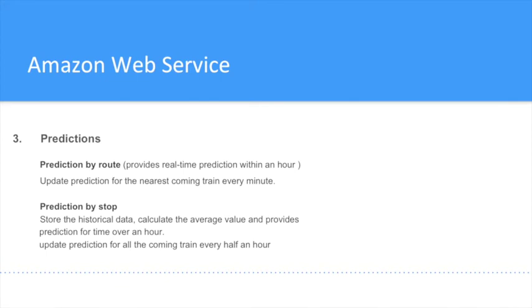Prediction by route provides real-time prediction within an hour, and we update the prediction for the nearest coming train every minute. And prediction by stop stores the historical data of the past days, and then we calculate the average value and provide the prediction for time over an hour. And then we update the prediction for all the coming trains every half an hour.